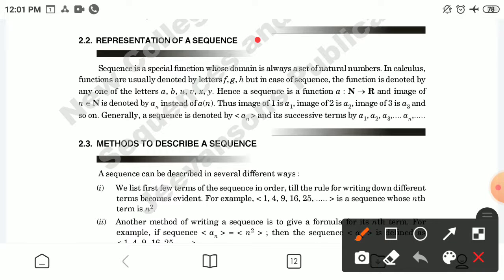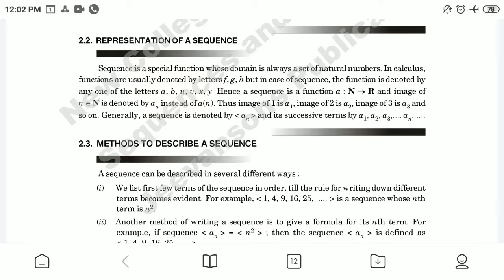Now, representation of a sequence. A sequence is a special function whose domain is always a set of natural numbers. In calculus, functions are usually denoted by letters f, g, h, but in case of sequence, the function is denoted by any one of the letters a, b, u, v, x, y, etc. Hence, a sequence is a function a such that N to R and image of n belonging to N is denoted by a_n instead of a(n).